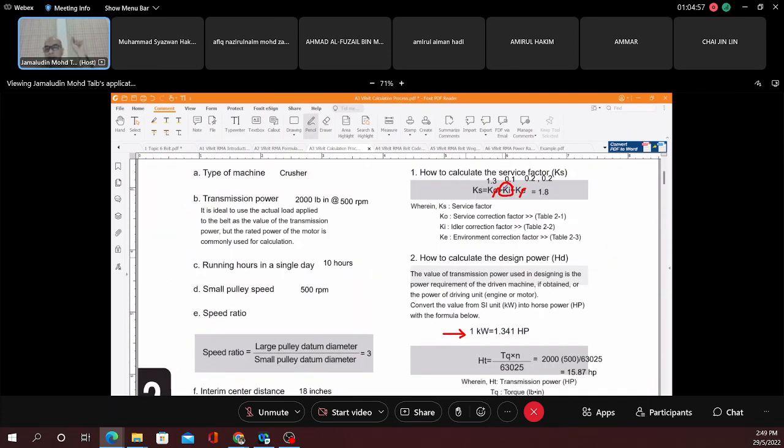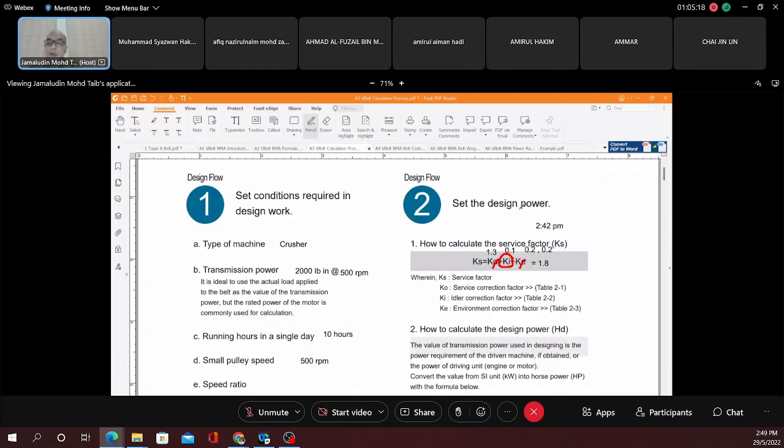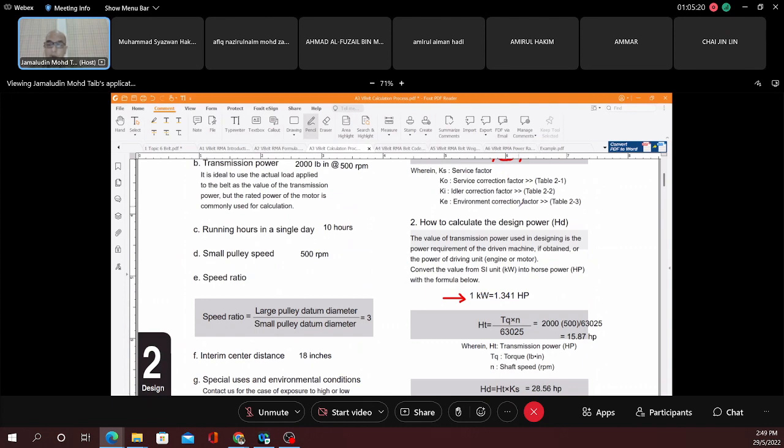Other than that, just plug the formula into whatever you have here, except for Ki, and understand where is the slack and where is the tight side. Okay, that will be step 1 and step 2. I think it's going to be very straightforward.